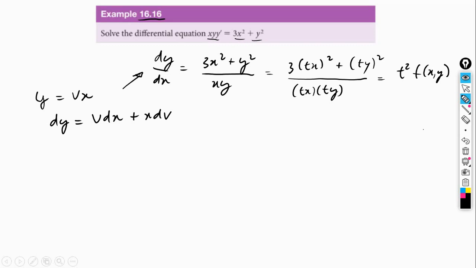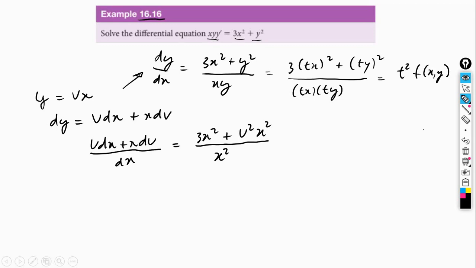So this is now going to be v plus x dv over dx is equal to 3x squared plus v squared x squared, and this over x times vx, so that's going to be x squared v. And then in this expression to the right, we're going to get 3 plus v squared over v.